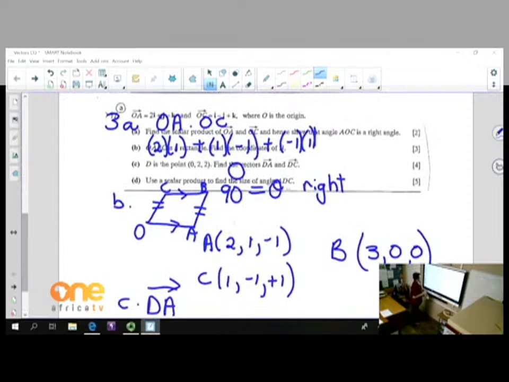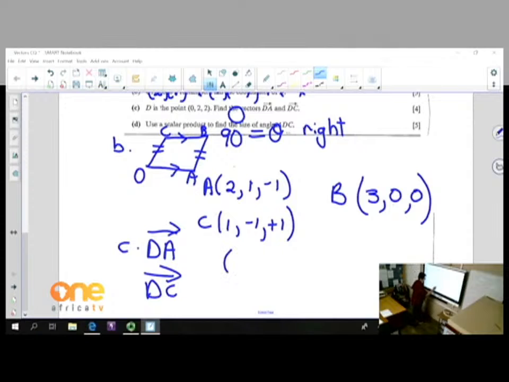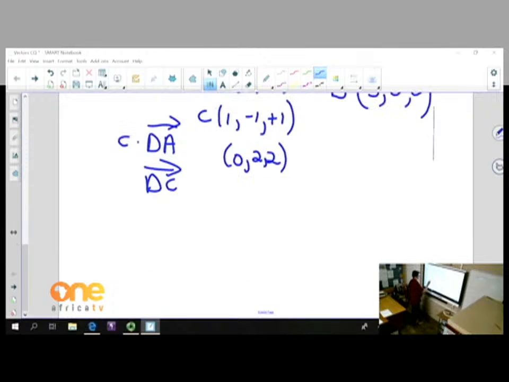Use the scalar product to first find DA and DC, and we have these coordinates to be 0, 2, 2. So we're going to do the same thing now here. Perhaps let's get the picture here. Here's the point D, which is 0, 2, 2.